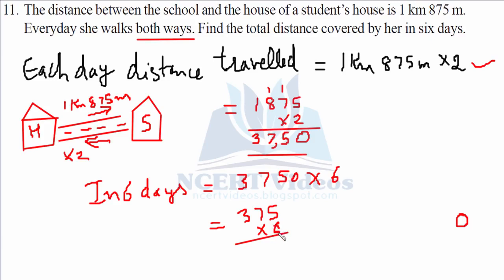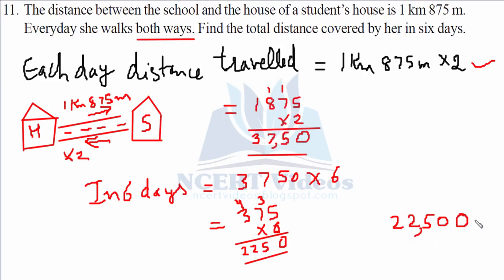5 6 are 30. 0 comes, 3 goes there. 7 6 are 42. That is 45. So we will write 5. 4. 18 plus 4 gives you nothing but 22. So it turns out to be 22250. Also we have 0 earlier. So it is nothing but 22,500 meters.